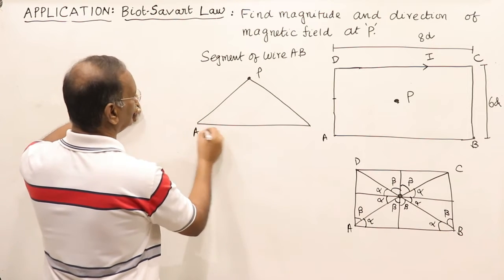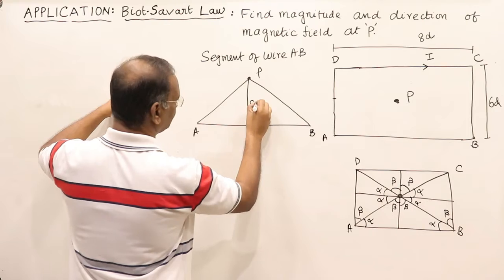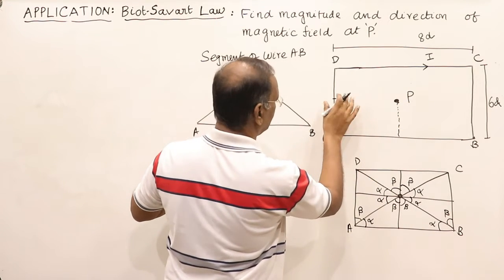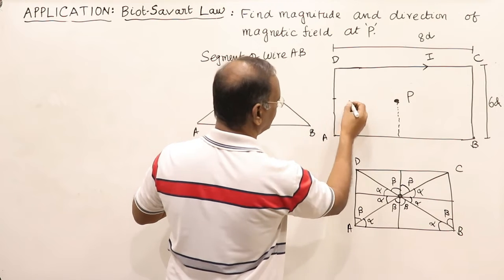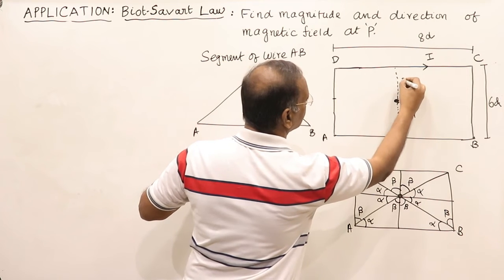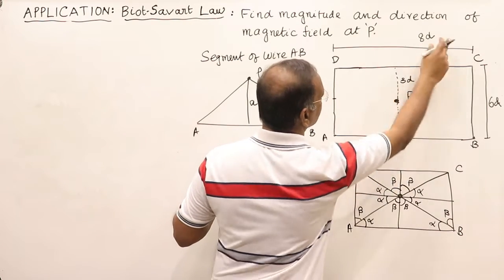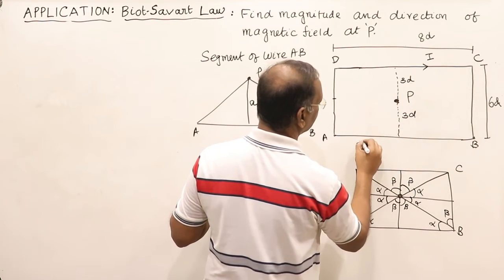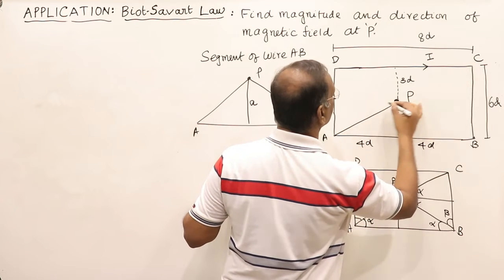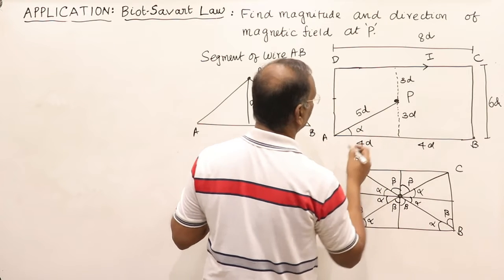This is A, B, and we need the perpendicular distance, which is E. What is this perpendicular distance? If this is 6D, half of this distance is equal to 3D, because this will also be 3D. And half of this distance is 4D, and this will be 4D. And this will be 5D, and this is alpha.